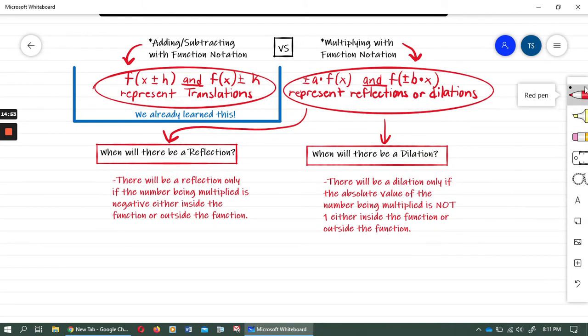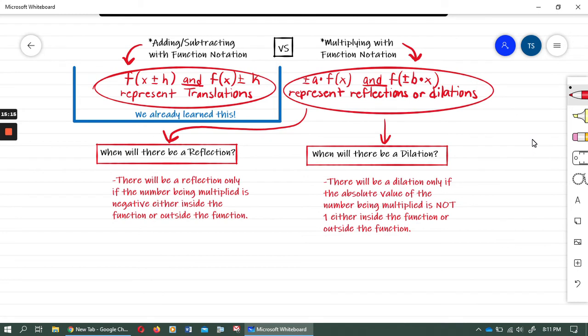So let's go a little bit deeper. So why can a dilation be any other number except 1? Think about it. We're saying that you're multiplying this thing times some number.